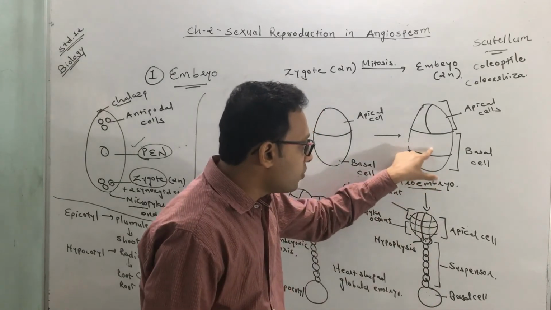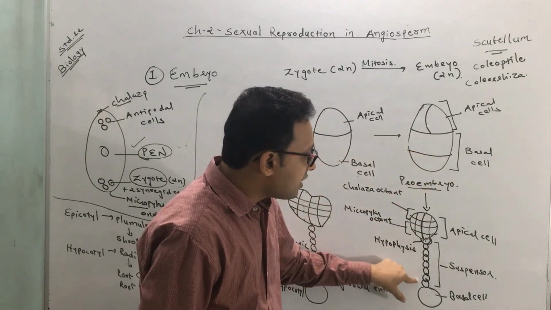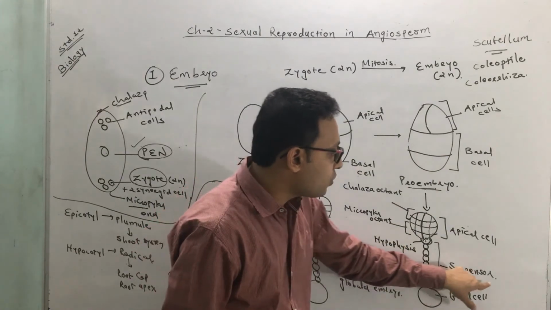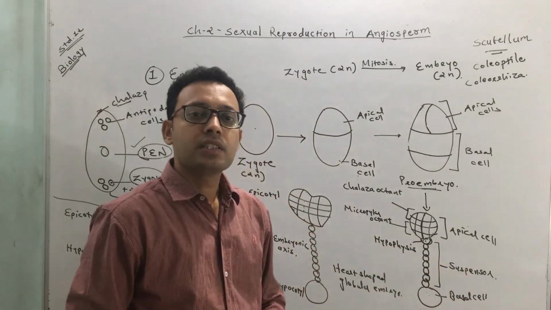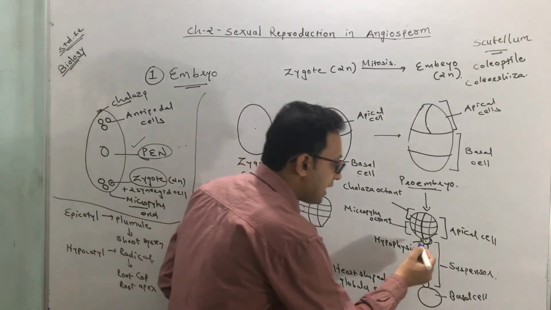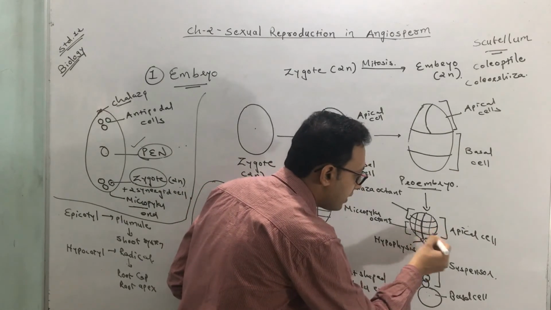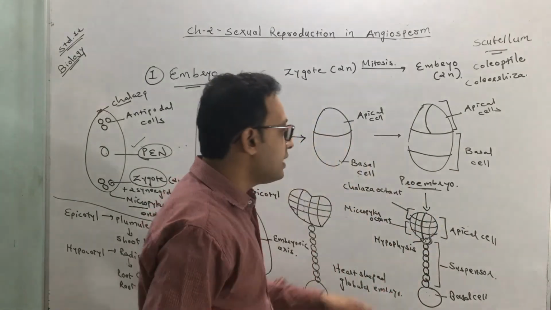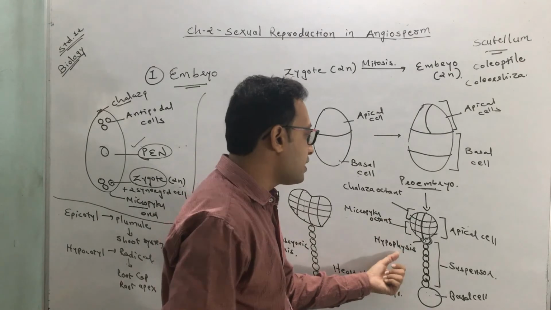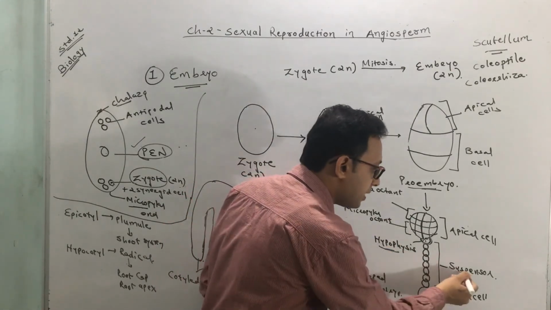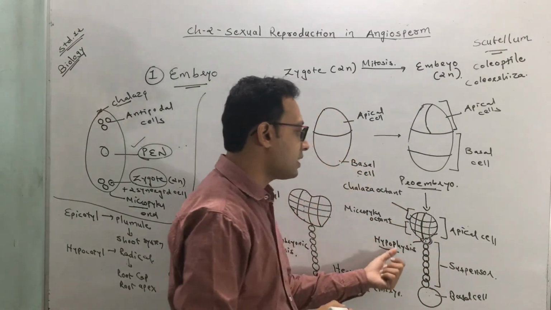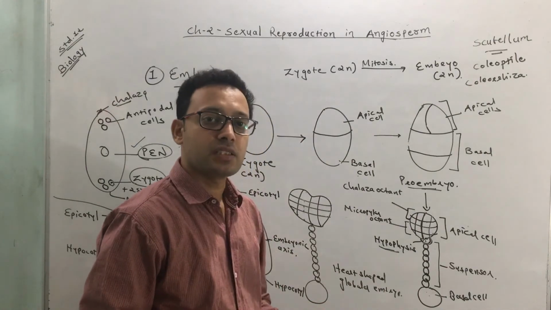But the basal cell towards the chalaza continues to divide and forms a 20 to 25 cell structure called the suspensor. The cell of the suspensor that remains in contact with the apical cell, we call it the hypophysis.